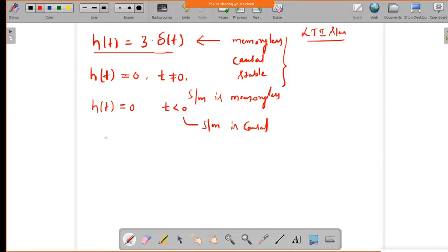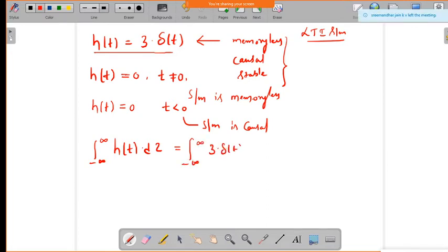Then you can find out whether the system is stable. In order to find whether the system is stable, you have to find the integral of h of t, that is, from minus infinity to plus infinity of h of tau d tau. Now, we know what h of tau is. h of tau is nothing but 3 into del of t, so it is the integral from minus infinity to plus infinity of 3 into del of t d tau.